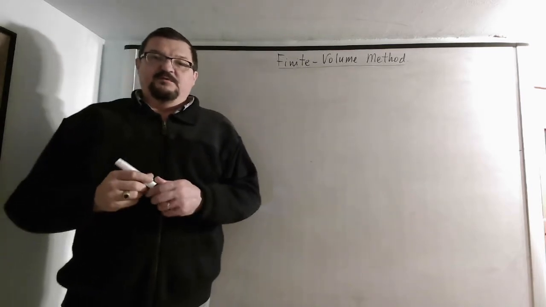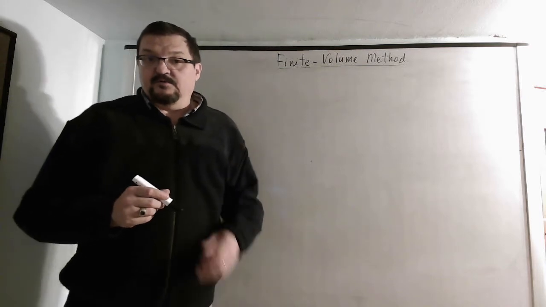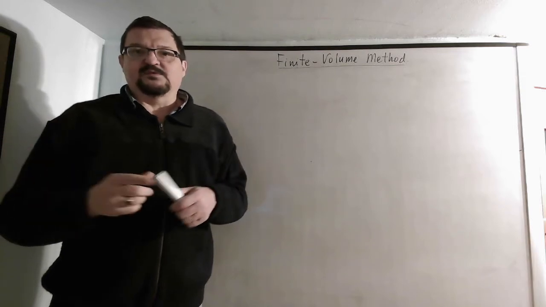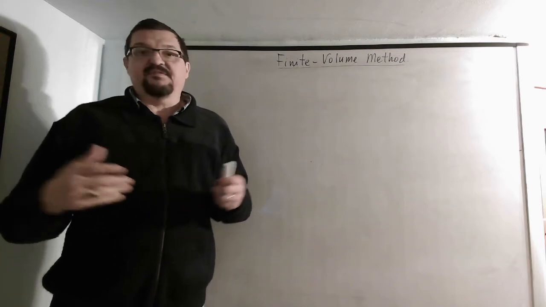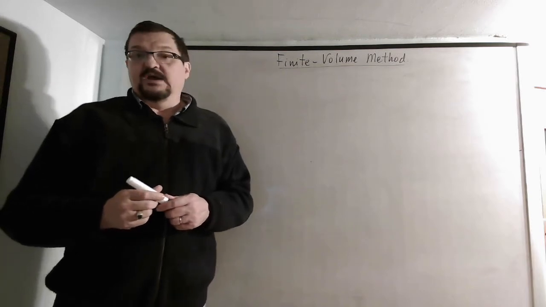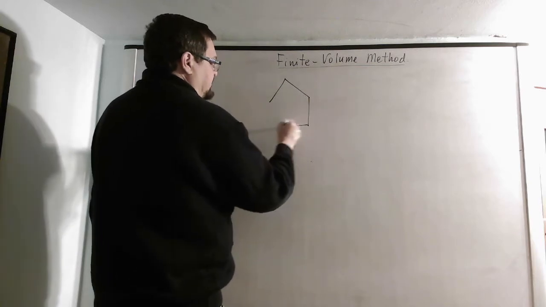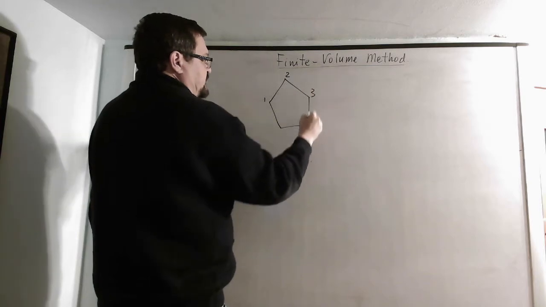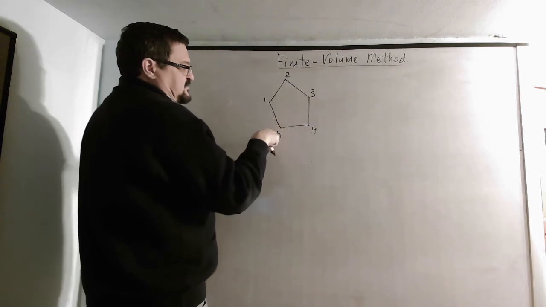Okay, before we move on, let's talk about one practical aspect of the finite volume method, which is how you compute the area of all those polygons that we can generate, like triangles, quadrilaterals, pentagons, or whatever. You need some formula, an easy way to compute those areas. So let's say we have some arbitrary shape or polygon like this, and we assume that we know the coordinates of its corners, from 1 to n.